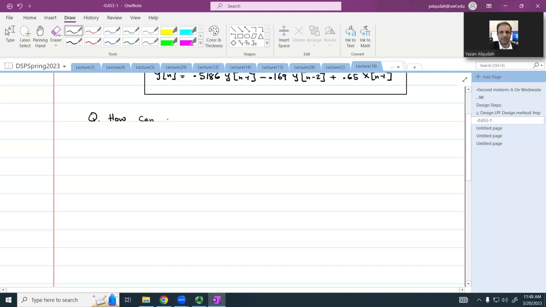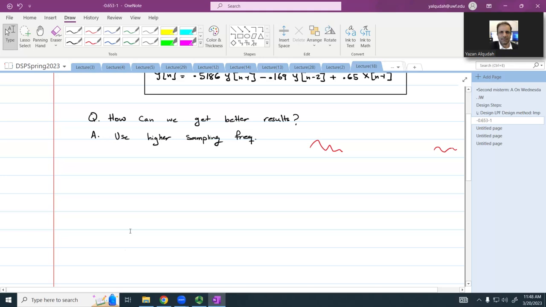Okay. Now remember, when we started all this discussion, what we said we're doing is we have an analog signal that I want to filter and generate an output.